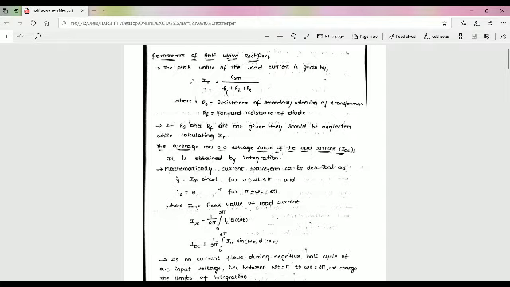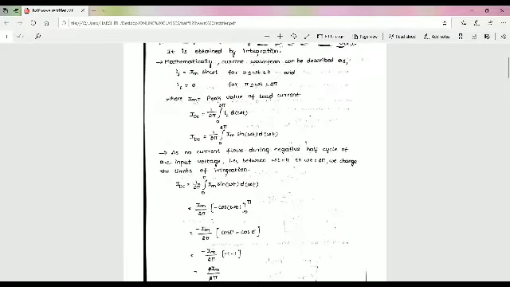The integration of sin omega t is minus cos omega t. So that equals Im by 2 pi times minus cos omega t, limits 0 to pi. Substituting the limits, minus Im by 2 pi times (cos pi minus cos 0).